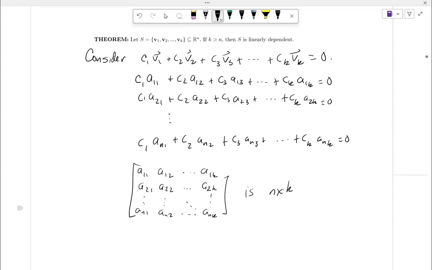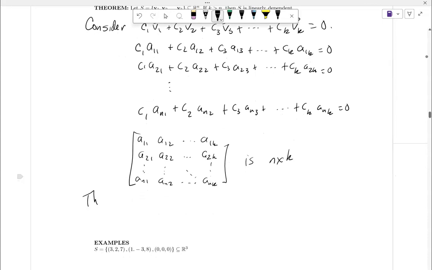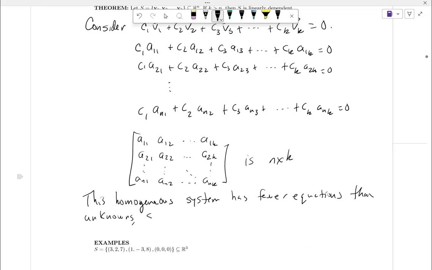They're columns that don't have pivots in them, which means you're going to get free variables, which means you get infinitely many solutions, right? So just to write this out, this homogeneous system has fewer equations than unknowns, so it has infinitely many solutions.